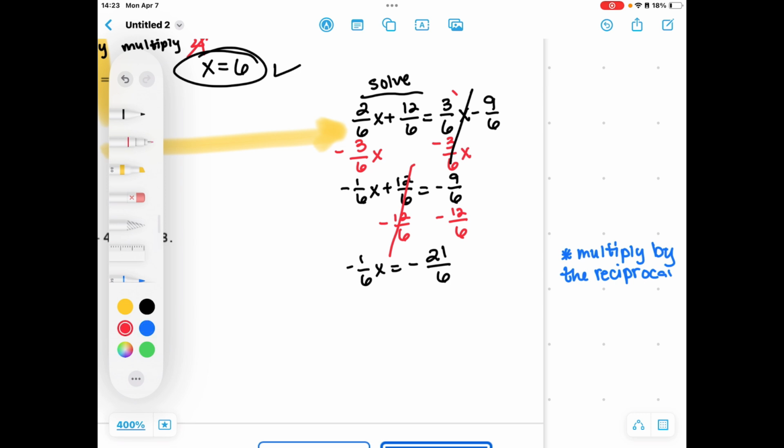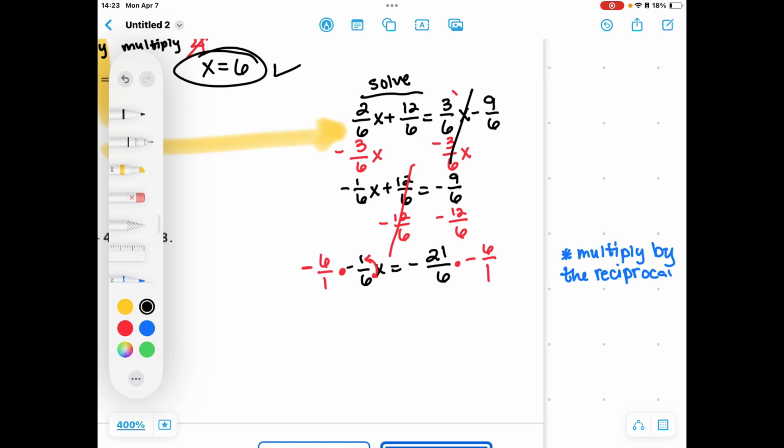And what that means is that if we have a negative 1 over 6, we can still have that negative sign. We need that, but we need to multiply by 6 over 1. Your fraction simply switches or flips. What we do to one side, we still need to do to the other.